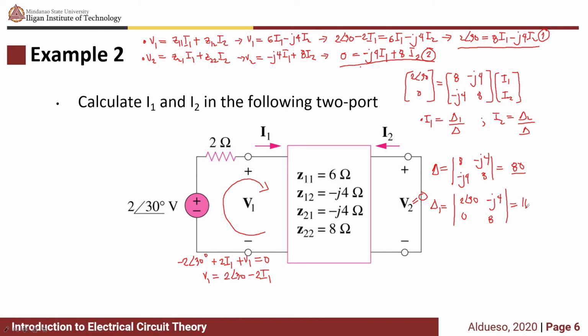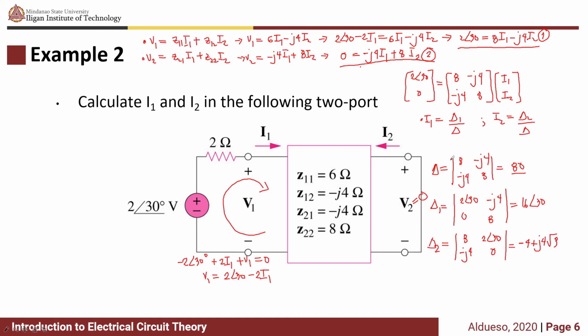So this is equal to 16 angle 30. For delta 2, we have 8, negative J4, and 2 angle 30, 0. So this is equal to negative 4 plus J4 square root of 3.